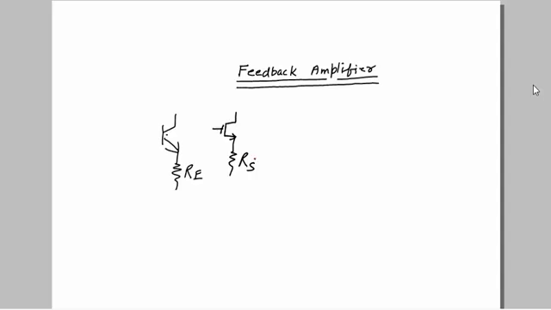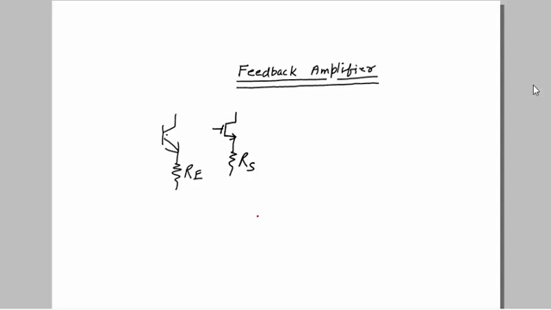So what is feedback? Feedback is when some or all part of the output is fed back to the input. When we feed back part of the output to the input, we can do it in two ways: the part is added to the input, or the part is subtracted from the input.